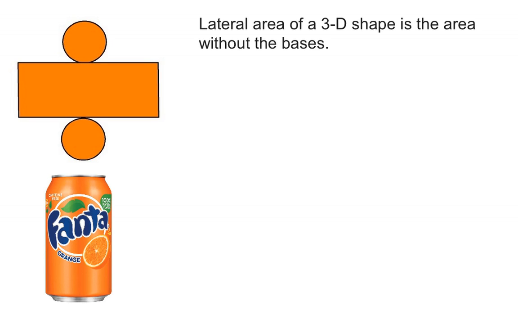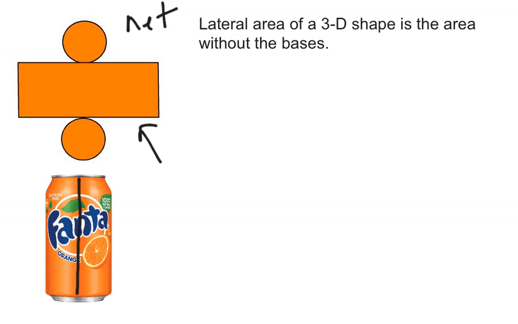So the three things I want you to focus on for a cylinder, first of all, making the net. If you imagine on this can of Fanta that you could cut the label off, let's say it's a paper label, and you cut it down the middle and peeled it, you would have a rectangle.